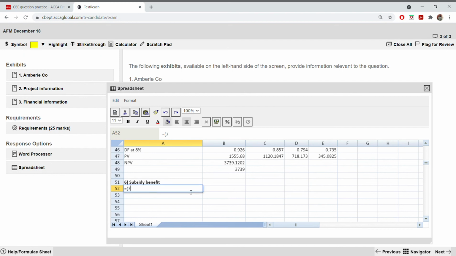It is 80, because the subsidized loan was 80 million, multiplied by, in brackets, the bank interest: the normal bank loan was 8%, but the subsidized loan was 3.1%. So the benefit will definitely be the difference between the two interest rates. Usually subsidy benefit means the benefit of lower interest.